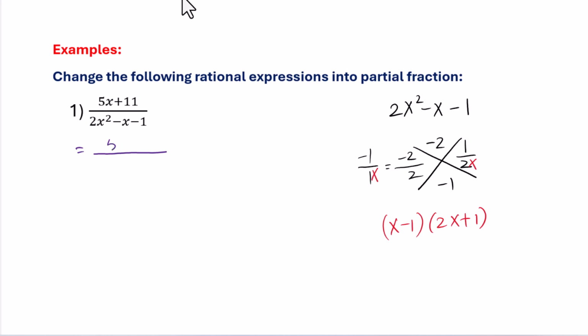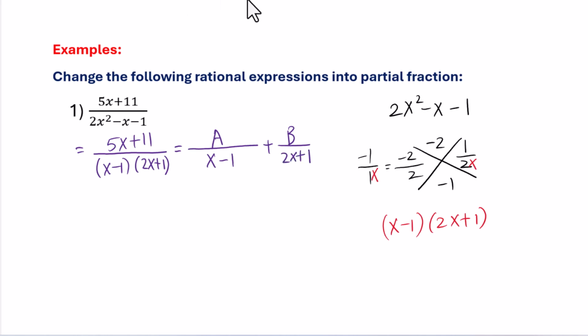So 5x plus 11 over x minus 1 times 2x plus 1 equals a over x minus 1 plus b over 2x plus 1.